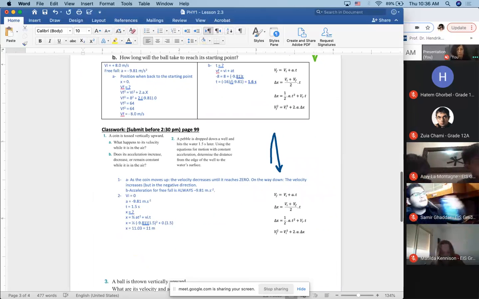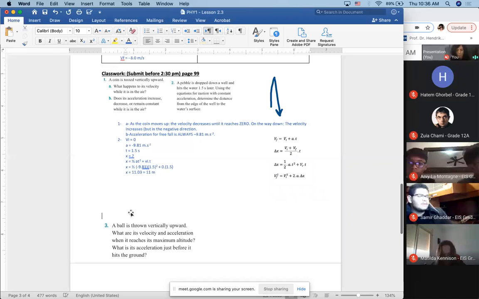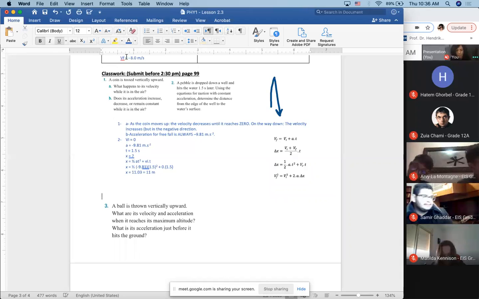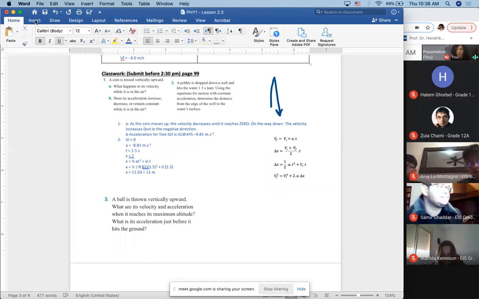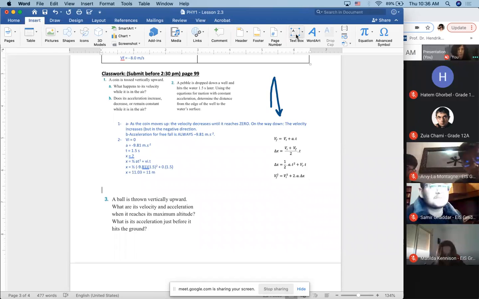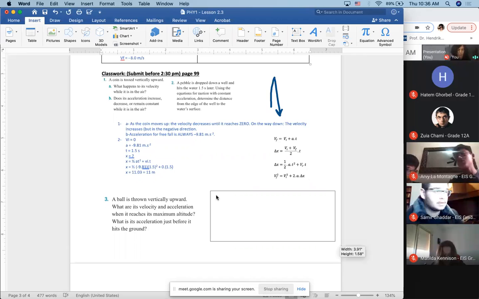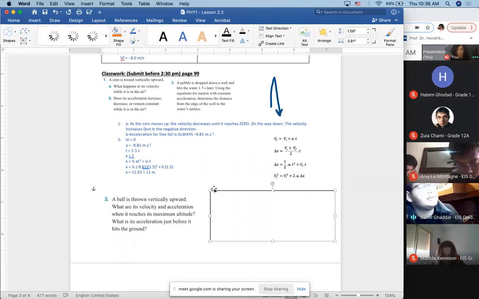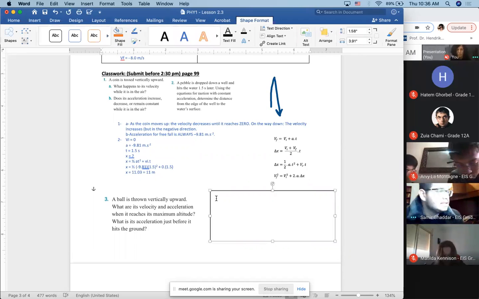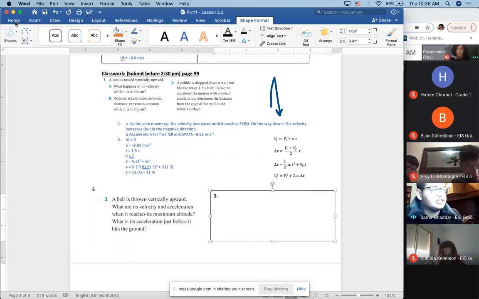All right, I need Samir to do number 3. And I would want to insert a text box here to write the solution for number 3. Okay. Yes, Samir. All right, the ball is thrown vertically upward. What are its velocity and acceleration when it reaches its maximum altitude? What is its acceleration just before it hits the ground?